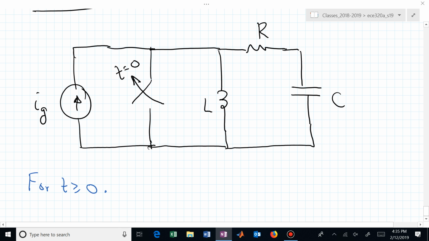If I said, describe this circuit's behavior in the time domain, what would you expect to end up with based on what we talked about before? How many energy storage devices do you have? 2. So you would expect a second-order differential equation or 2 coupled first-order differential equations. That's equivalent to 1 second-order differential equation. We have 2 energy storage devices.